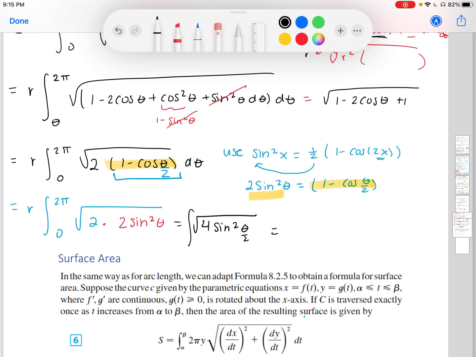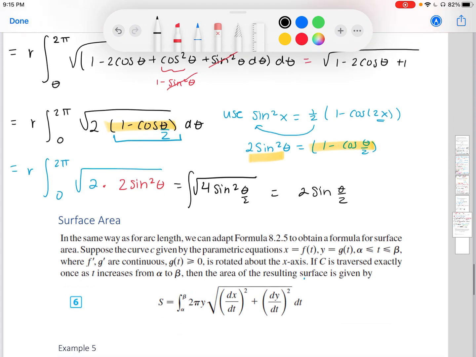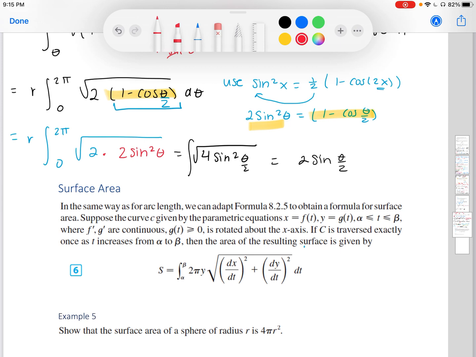If we integrate, we're left with just 2 sine theta over 2. Now we integrate if we apply the radical. So once we integrate, we can move this 2 out. We have 2r from 2 pi to 0 of 2 sine, or just sine, of theta over 2 d theta.